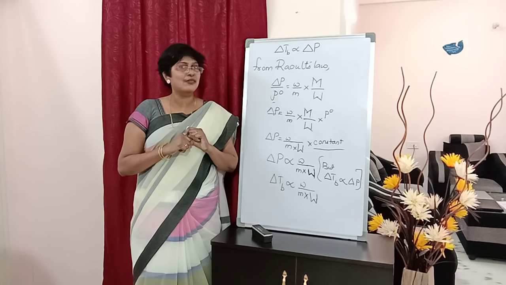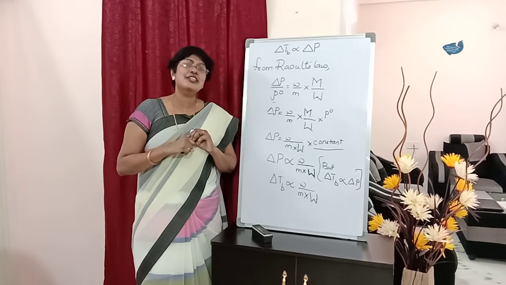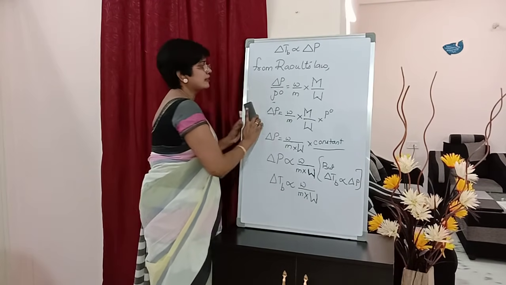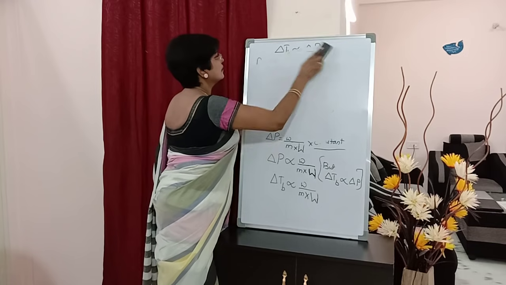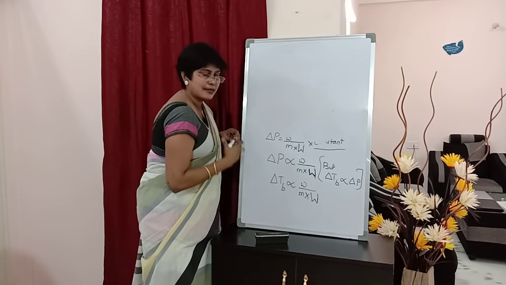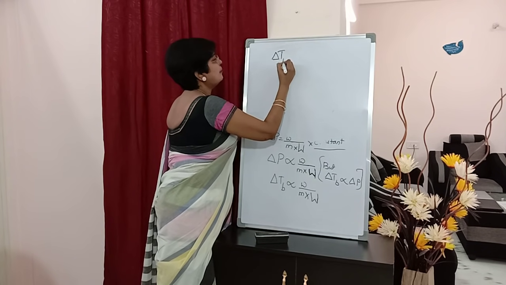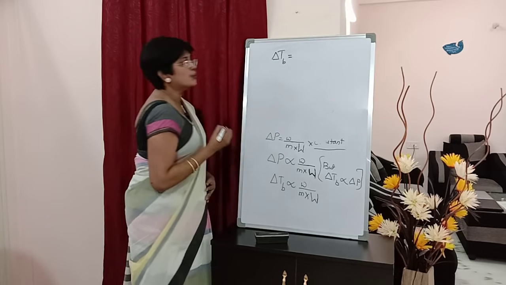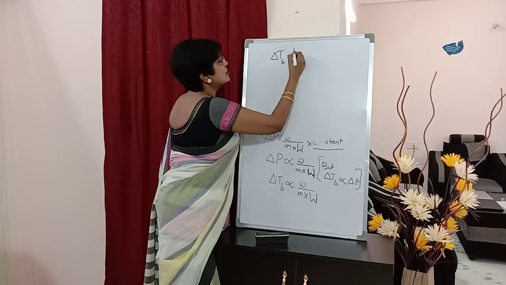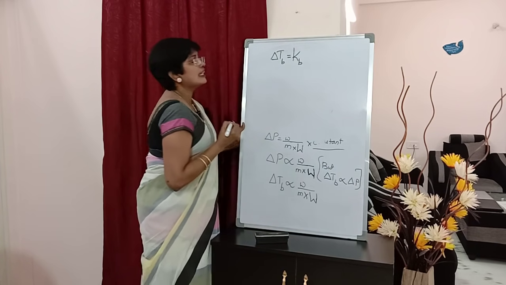Okay. Now, remove the proportionality. What should be done there, students? We should take one constant. Very good. Write down next step. Delta TB is equal to, taking a new constant here, KB. Write down, students.